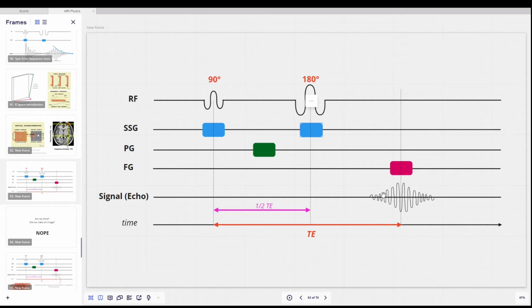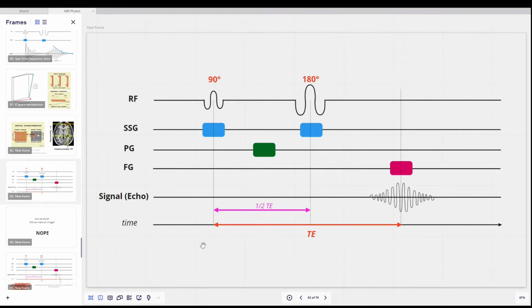And then when we go to read this signal out, we apply our frequency encoding gradient. So at this point, when we're reading out our signal, we've applied our phase encoding and our frequency encoding gradients. Okay? So this signal should have information about phase and frequency encoded in there.